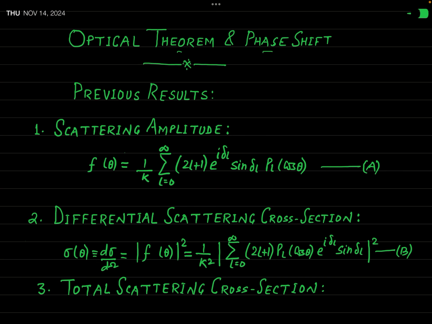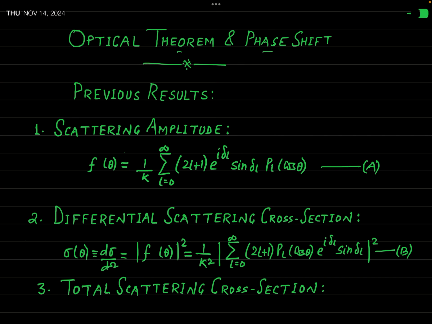So it is necessary to know what this phase shift is and how it can be calculated or determined. Apart from this, we will also learn very briefly about a very important theorem called the optical theorem in this lecture.